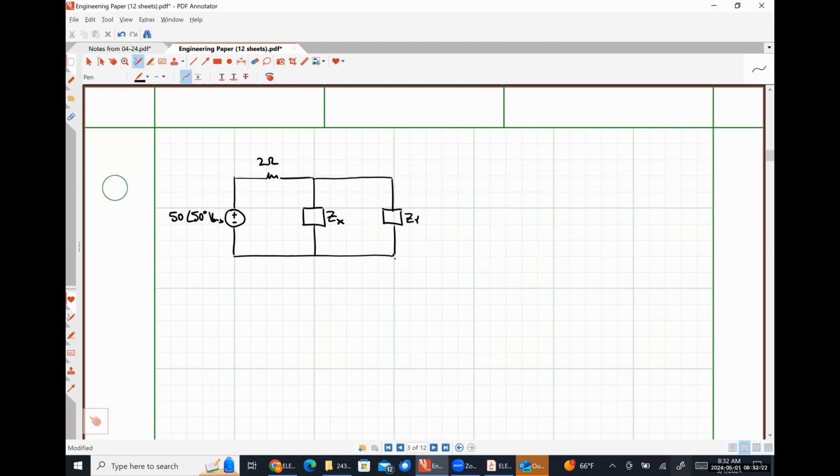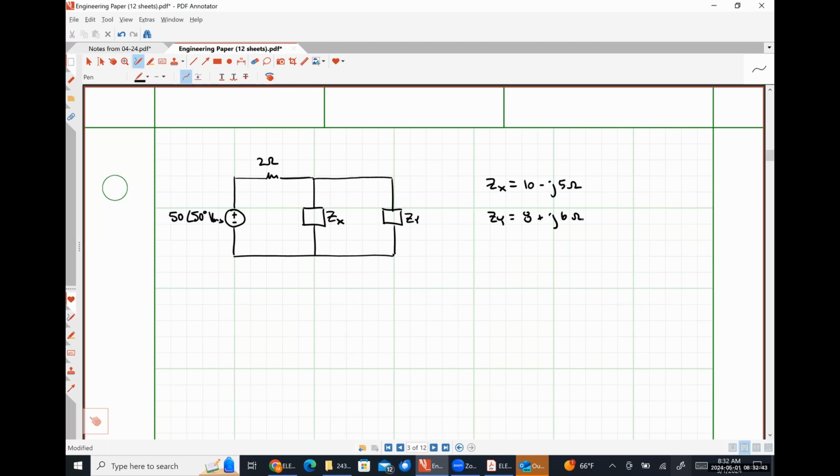So let's say that ZX is 10 minus J5 ohms, and ZY is equal to 8 plus J6 ohms.